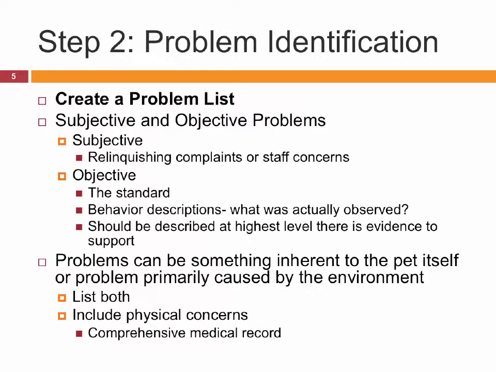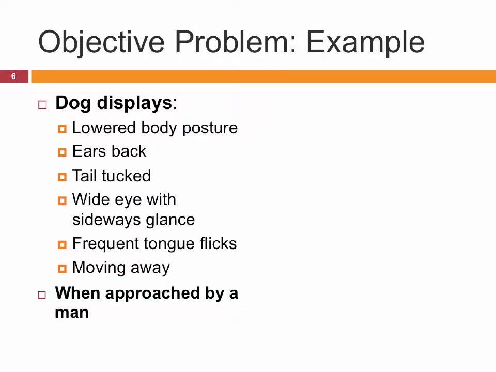We also want to keep in our list our medical concerns or our physical concerns as well, because we want this to be comprehensive. So again, similar to what we just talked about, we can all make a mental picture of what that dog looks like. And then my next question is going to be, well, what was happening at that moment when you saw that dog like that? Well, there was another big dog barking at him, or there was a tall man with a beard wearing a hat and sunglasses that walked by, or there was a big truck that just went by when we were out walking, and then we saw this.